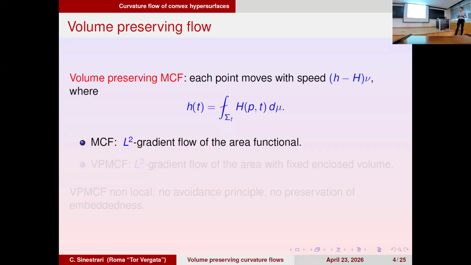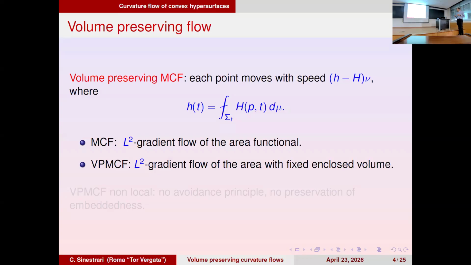Some basic properties. It's well known the usual mean curvature flow, which I will abbreviate with MCF, is the L2 gradient flow of the area functional. And also the volume preserving flow is a gradient flow, but considering only deformations with fixed enclosed volume.